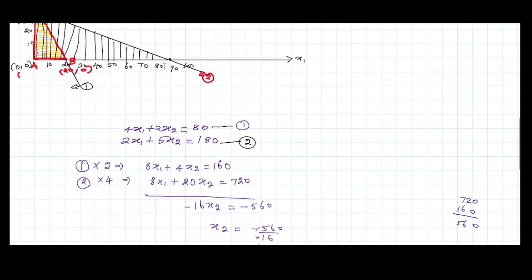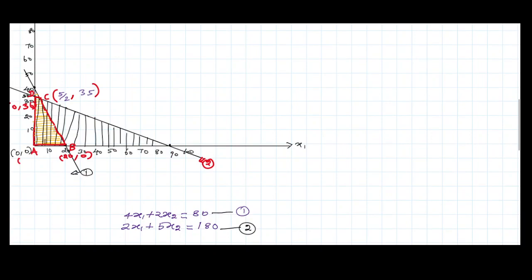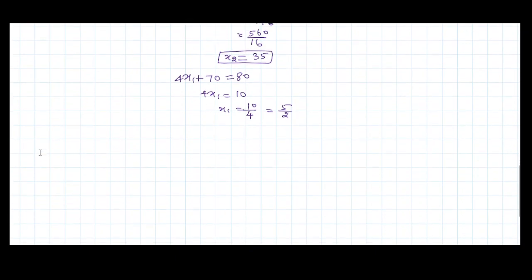Last step, step number 4. What is our motive? Our motivation is to find for what value of x1 comma x2 inside this region optimizes our objective function. That is our question.